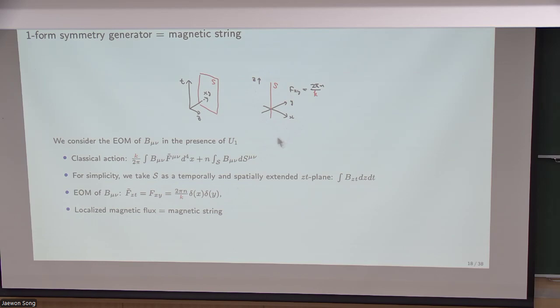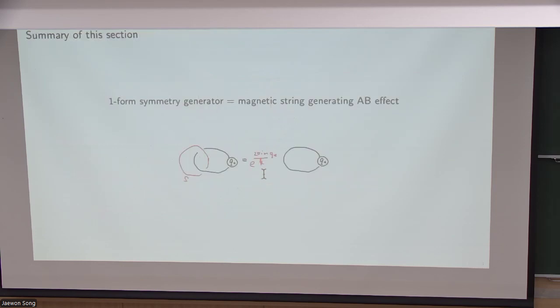So this is a magnetic string. This is a direct explanation of the physical meaning of the one-form symmetry generator. The summary of this section is that the one-form symmetry generator can be identified as a magnetic string that generates an Aharonov-Bohm effect.